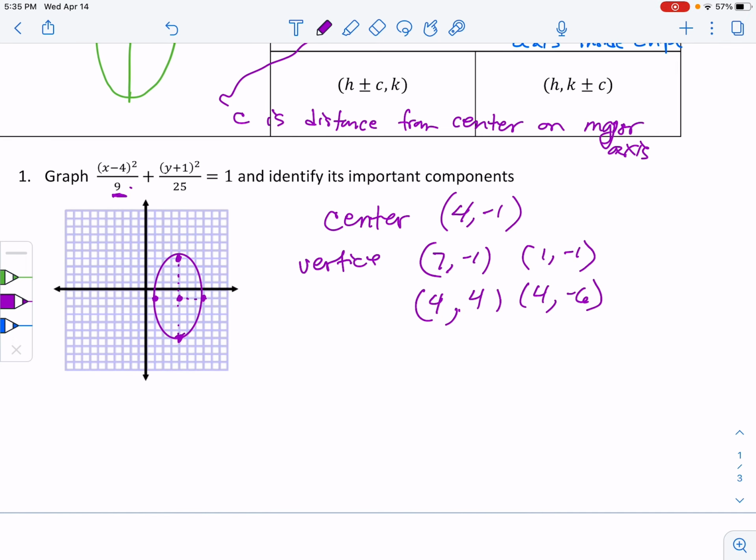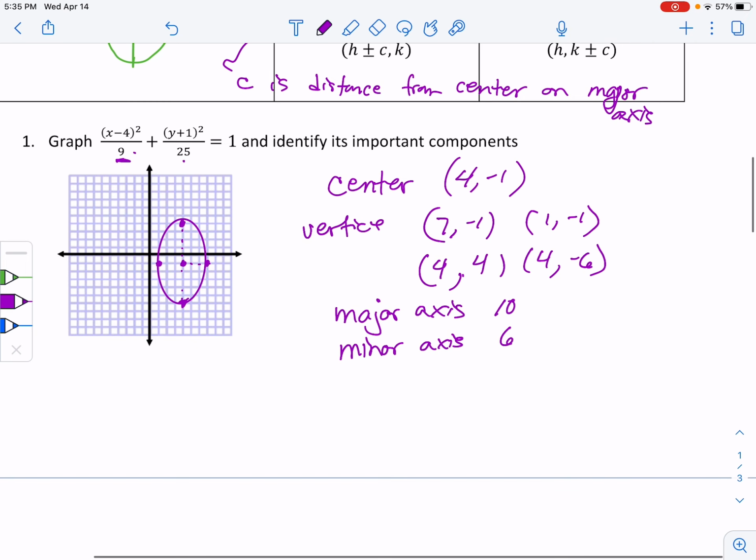Now we need to know the major axis. You add up. The major one's the long one, so it's 5 in both directions, so it's 10. The minor axis is the short one, which was 3 in both directions, so that's 6. And then we have to find the foci.